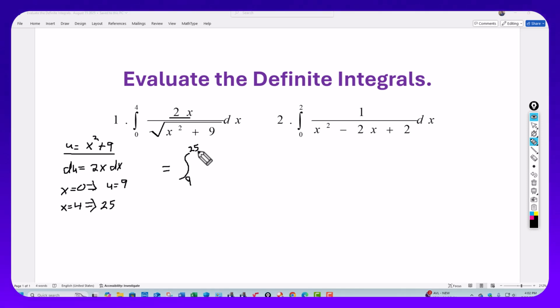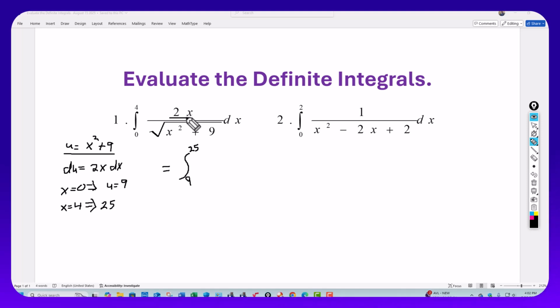Now keep in mind that you can always ignore the limits and do the integration, any kind of substitution you want. But if you go back to the original variable, then you can use the same limits you started off with, 0 to 4. But here I'm going to leave it in terms of u, so I need the limits of integration in terms of u. It'd be 9 and 25.